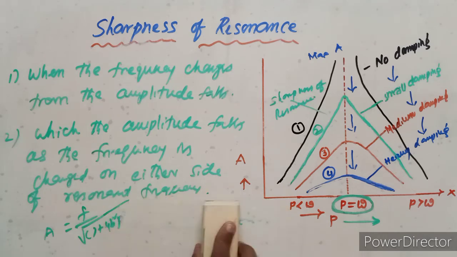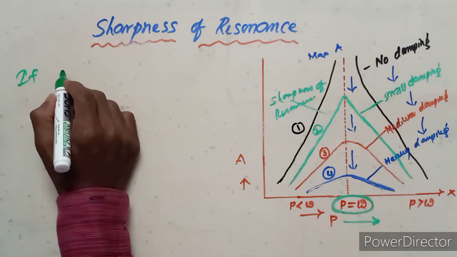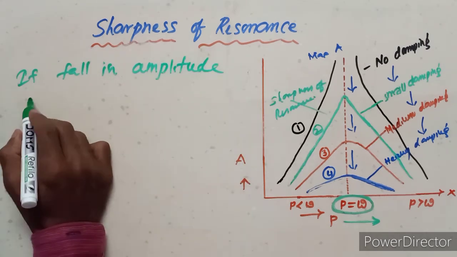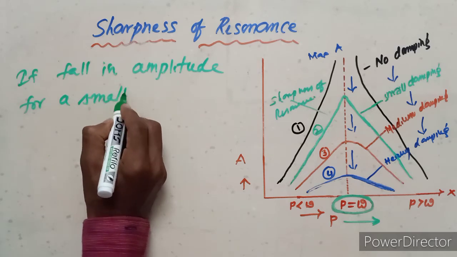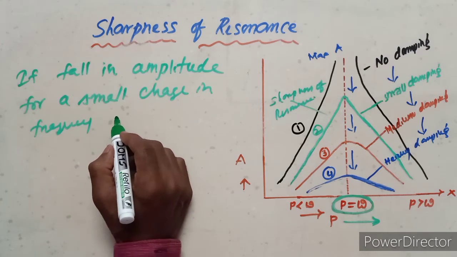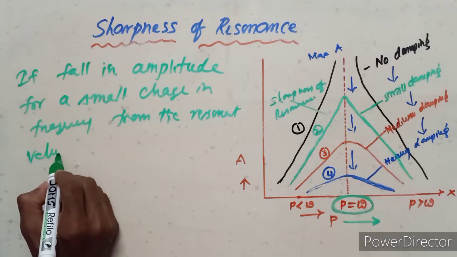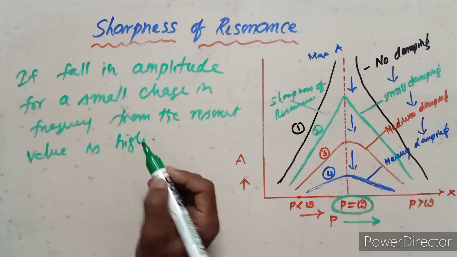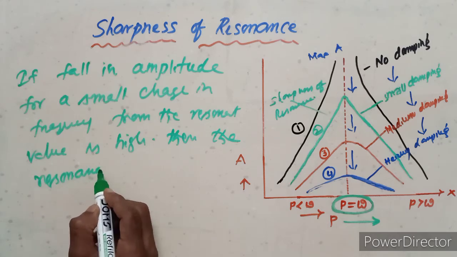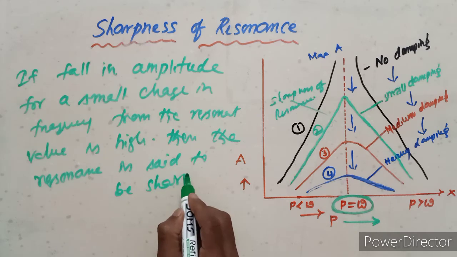And another point we observe: if the fall in amplitude for a small change in frequency from the resonant value is high, then the resonance is said to be sharp.